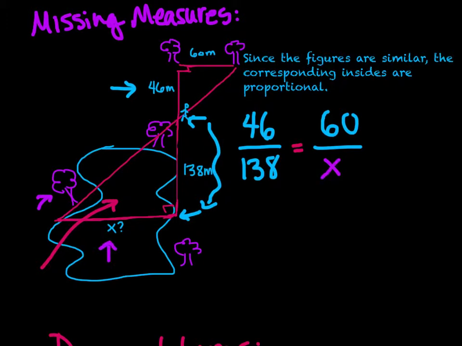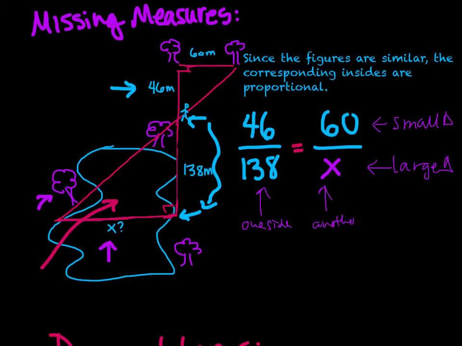If we look at how we set up this proportion, this is the small triangle, and this is the large triangle. We have one side being compared, and we have another side being compared. So we can create a nice little proportion out of all of this.